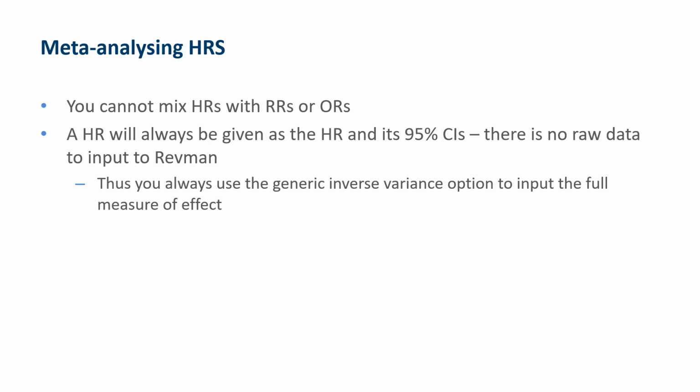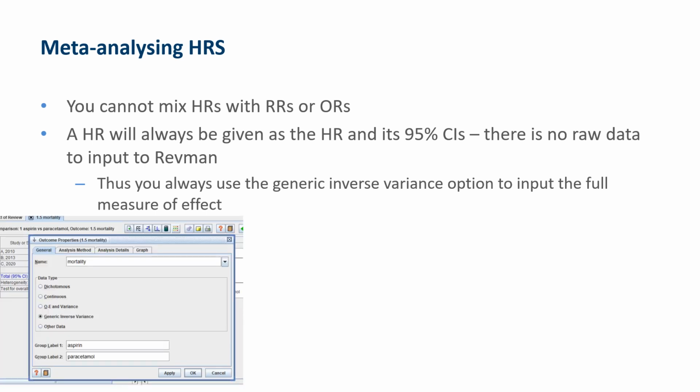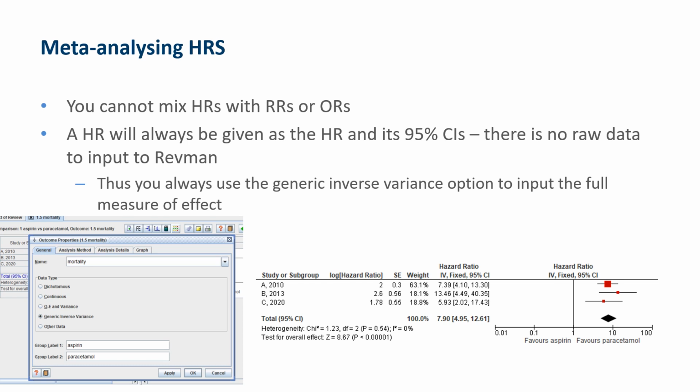So you have to use generic inverse variance to input the full measure of effect. So you choose the option when you're setting things up as generic inverse variance. And that will give you a nice generic inverse variance forest plot like this. So you probably use the calculator function to input the data on RevMan.